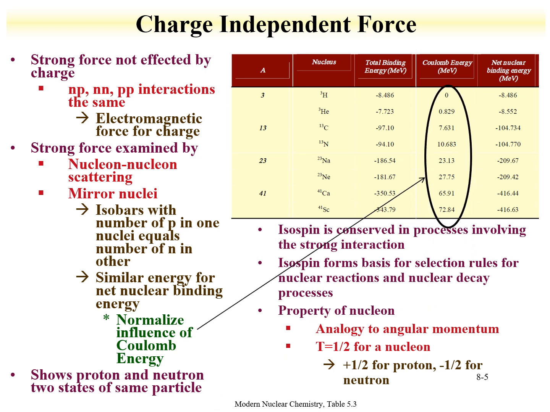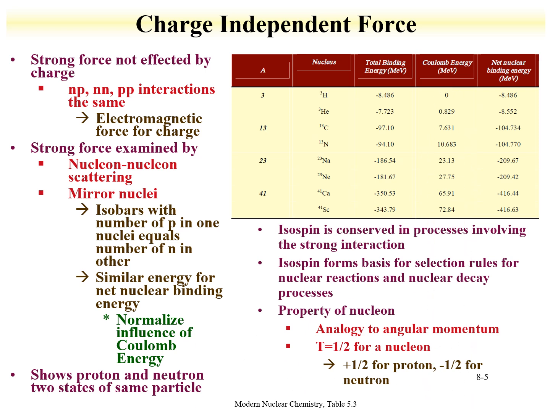So we have total binding energy, and here's the net Coulomb energy. And as we can see, imagine for something like tritium, there's only one proton, so the Coulomb energy from that would be 0. So for the other nuclei, we have Coulomb energies that are calculated based upon the number of protons in the nuclei. And what this shows, if we take the total binding energy and compare it with the Coulomb energy, we see that the net nuclear binding energy is very similar based upon the total number of nucleons in a given nucleus.